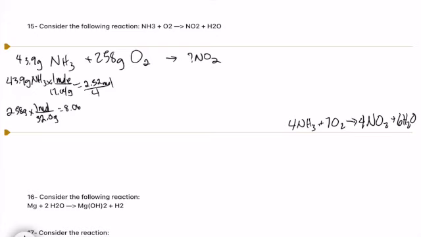Next thing we're going to do is divide by our mole ratio. I needed 4 of the NH3. I needed 7 of the O2. Whichever one here is the smaller number is the one that I run out of first.